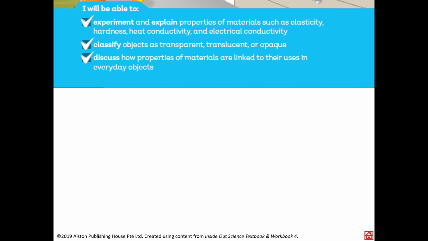Next, we discuss how properties of materials are linked to their uses in everyday objects. In today's video, we are going to separate this lesson into two parts. For the properties of materials, we are only going to focus today on elasticity, hardness, and heat conductivity.